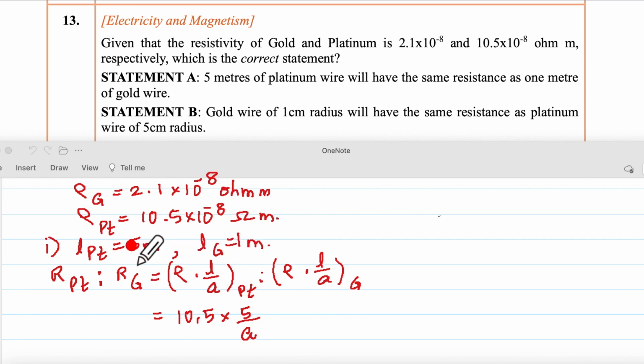Now here, since they just changed the lengths, we assume that the area of cross section would be the same, and here it will be 2.1 into 10 to the power minus 8 into 1 meter upon area of cross section. Here I forgot 10 to the power minus 8.